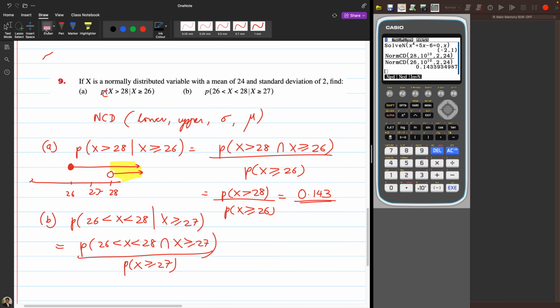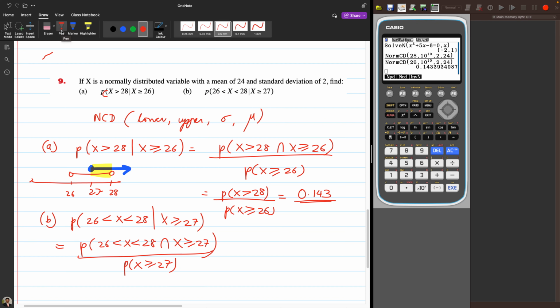You have 26, you have 28, and you have this greater than or equal to 27. What is the intersection? That's my intersection. So that will be my numerator.